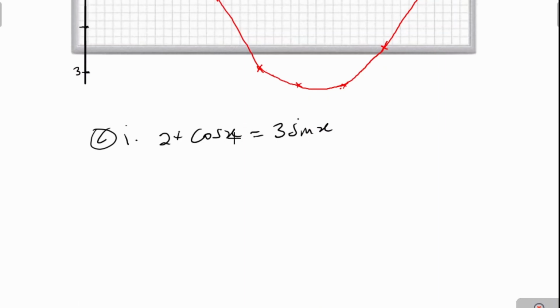Rearranging, we should have cos x minus 3 sin x equals -2, because this looks exactly like our y. So I move this to the left and move this to the right. Comparing this with our original function, this is y. So instead of writing this, I write y equals -2.